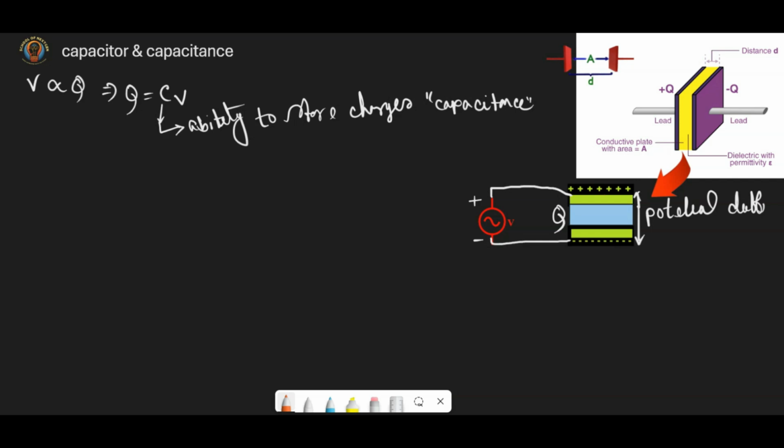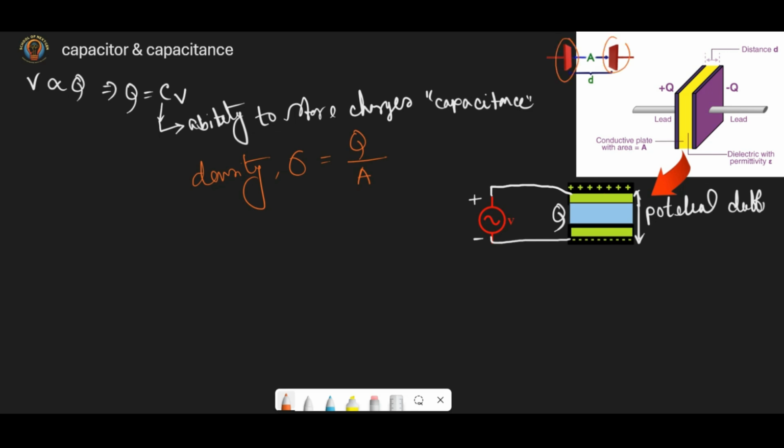Charges within the capacitor means the accumulation of charges, the total charge density of the capacitor, sigma, equals the accumulated charge over the area, and the area means the area of the plates or sheets within the capacitor, right? So this is sheet number 1 or plate number 1, and there is another plate. So there are two plates, and both plates have two opposite charges, positive and negative.